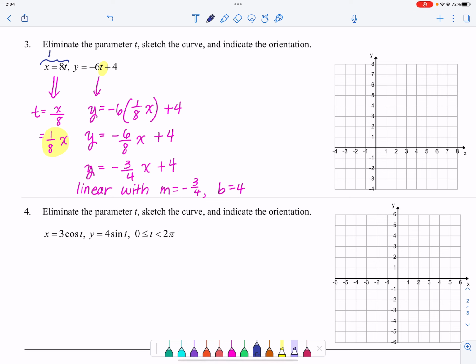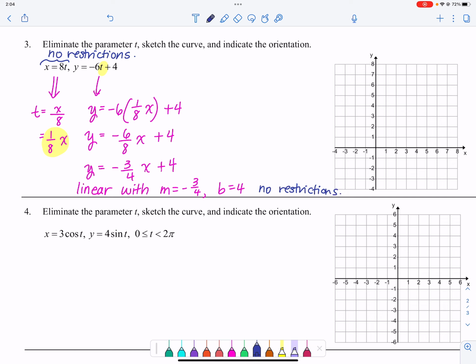There are no restrictions. So whatever t is, either positive or negative, x doesn't have any restrictions. Okay? So with no restrictions, we will need the complete line.